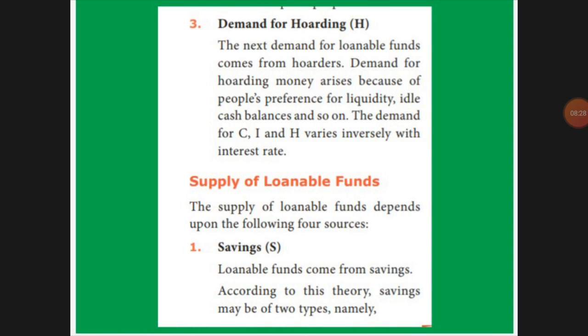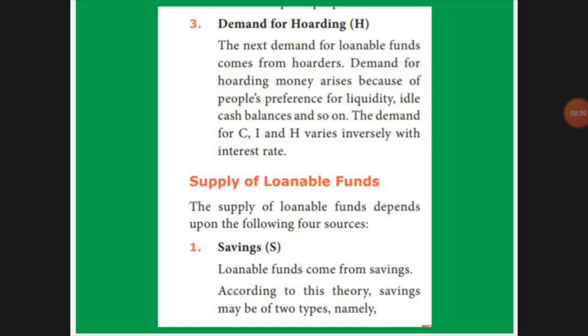Next, third one is demand for hoarding. Hoarding means hiding money, keeping it stagnant without spending, keeping liquidity preference, whatever money we keep for day-to-day activity, which increases or decreases. For example, if the interest rate in the bank increases, nobody is willing to keep money in hand. They want to put it in the bank because interest will come.